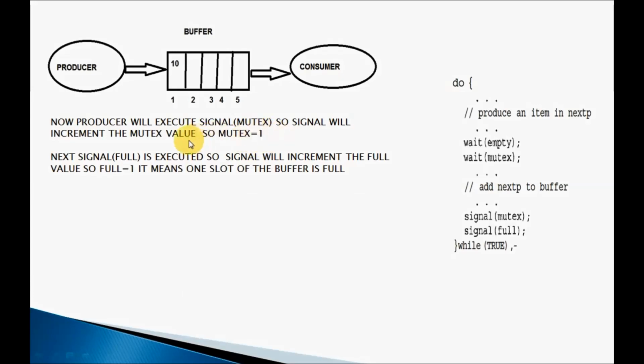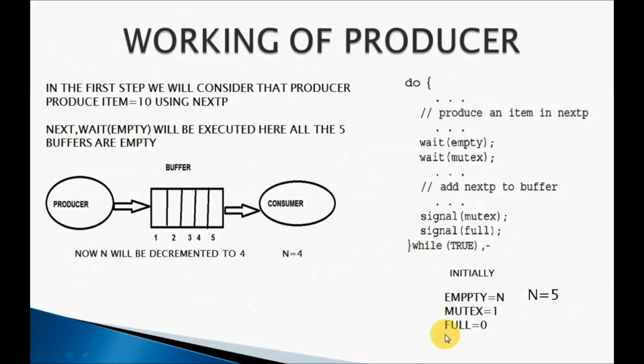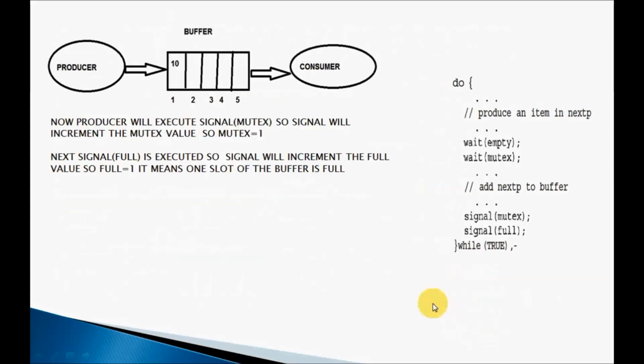Also, before leaving, the producer executes signal of full. Signal means you are going to increment. What is the value of full? 0, right? Now the full value will be incremented to 1. Why? It means that one slot of the buffer is full because 10 is added.